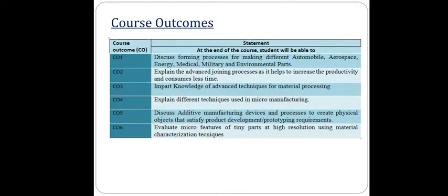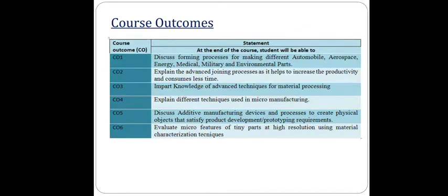Students should be able to explain the different techniques used in micro manufacturing. At the end of this course, students should be able to discuss the additive manufacturing devices and processes to create physical objects that satisfy product development and prototyping requirements. And after completion of this course, students should be able to evaluate the micro features of tiny parts at high resolution using material characterization techniques.